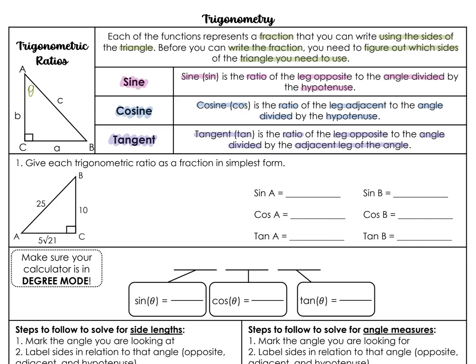Once I have identified my angle, a key trick that I use is I circle it. The opposite side, once you've circled it, should be the side that you don't touch. So here my lowercase a is the only side not touching, and I'm going to label that as my opposite.